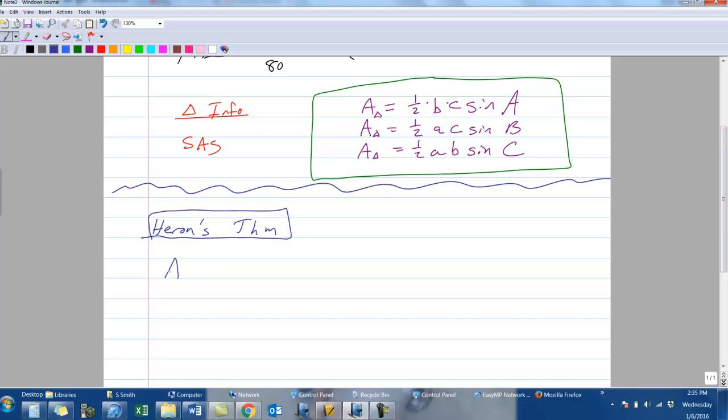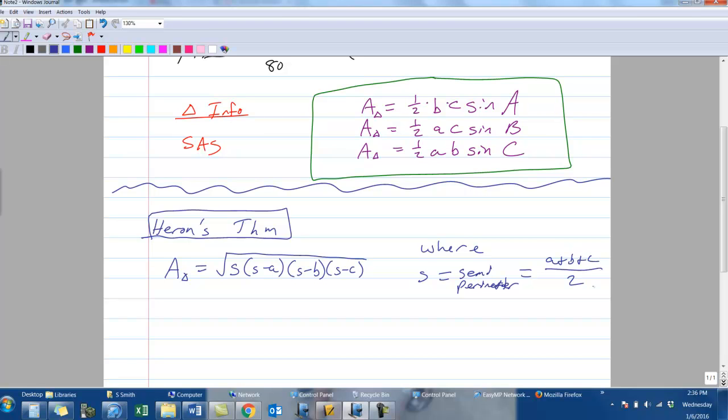It says the area of a triangle is equal to the square root of s times s minus a times s minus b times s minus c, where s equals the semi-perimeter, which is a plus b plus c, and then divide by 2.